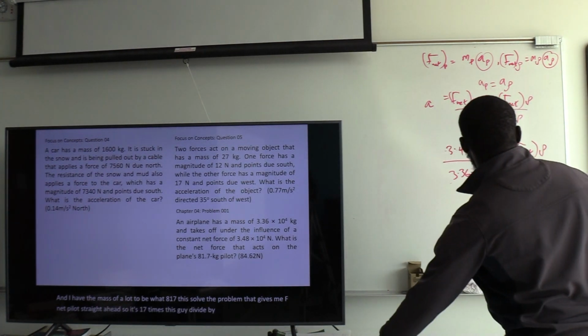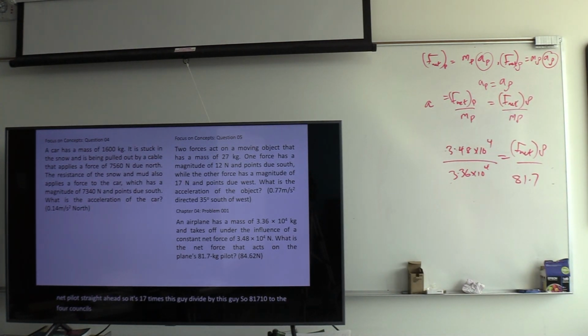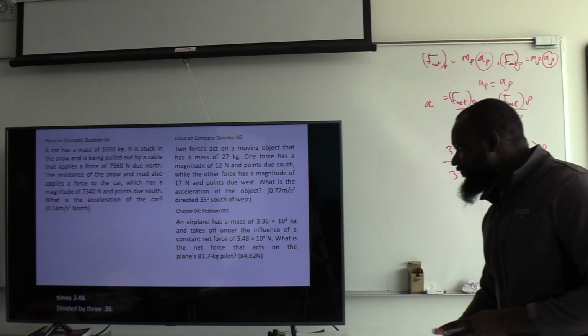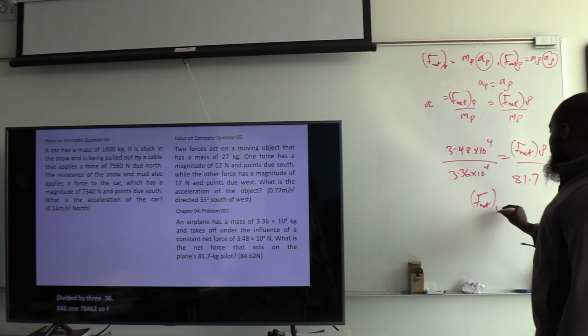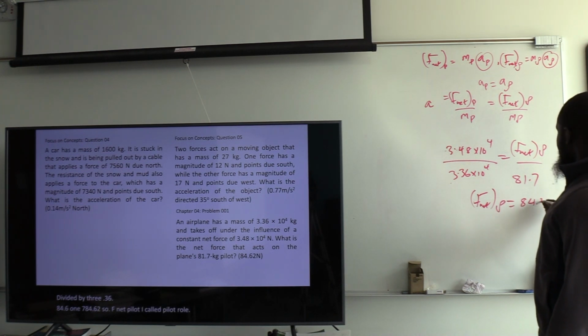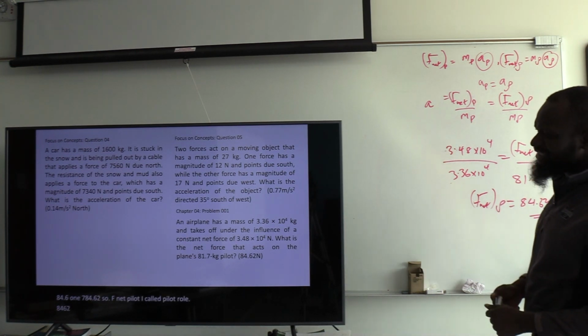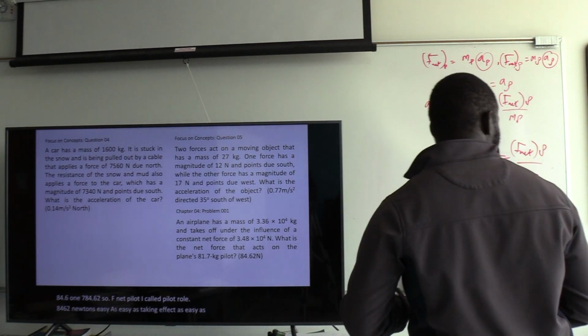The 10 to the 4 cancels, so I have 81.7 times 3.48 divided by 3.36, which is 84.617, or 84.62. So F net pilot is 84.62 newtons. As easy as taking a phantom. That's correct. So go to the next problem.